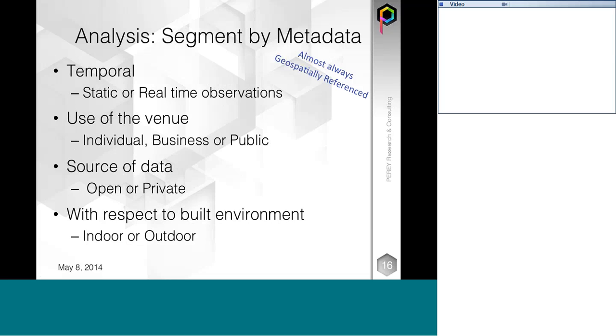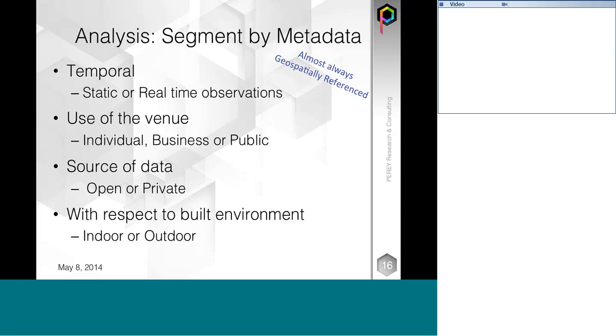And you might want to know, is that data absolute, static, and not temporally attached, or is that information sort of real time? Is it something that's changing from one second or one minute or millisecond to the next?